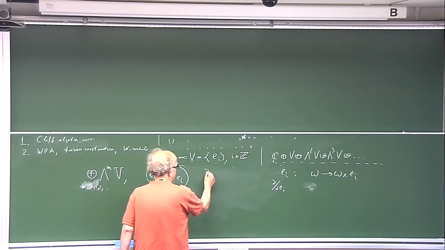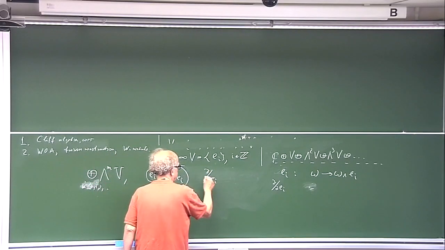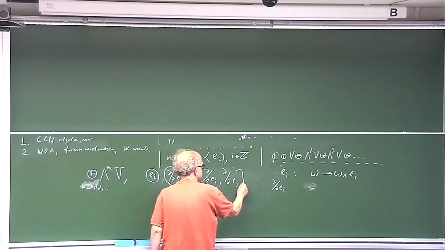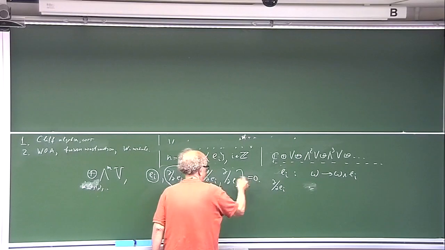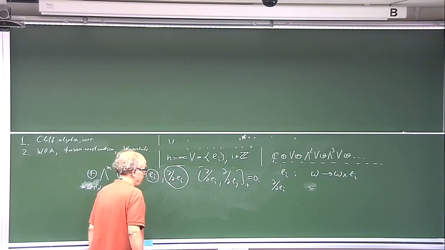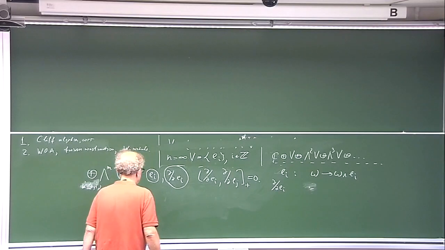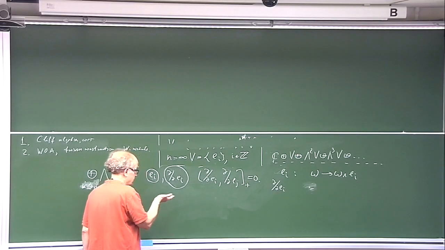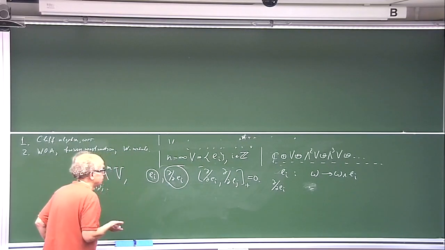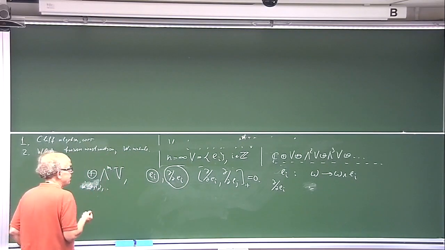It is easy to see that this plus this is 0 for any i and j, because we just arrange the derivation this way, and it is natural to have such an equation.